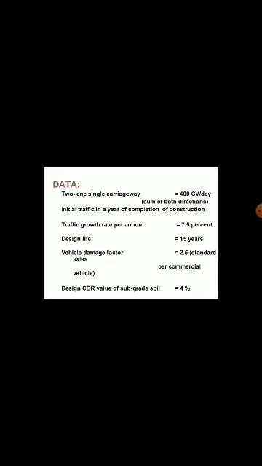The traffic growth rate per annum is equal to 7.5%. The design life is 15 years.